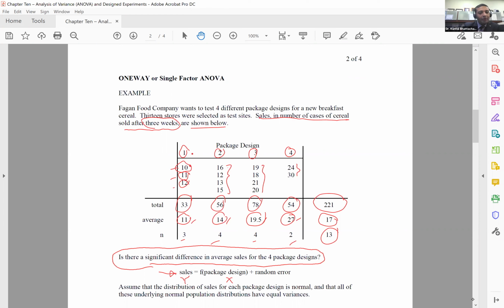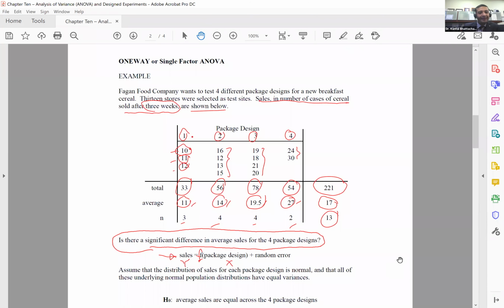And therefore you are defining sales as a function, and this is where the term F comes in. You're defining sales as a function of package design, and then you are saying that everything else that impacts sales that has not been considered in this model is a random error. Together, they complete the definition of what impacts sales.